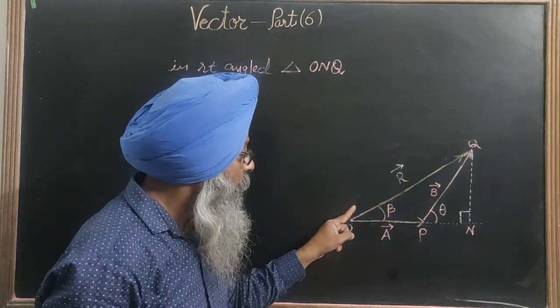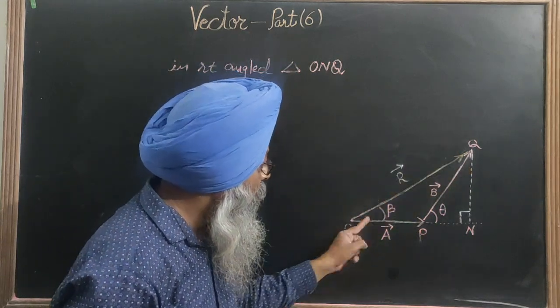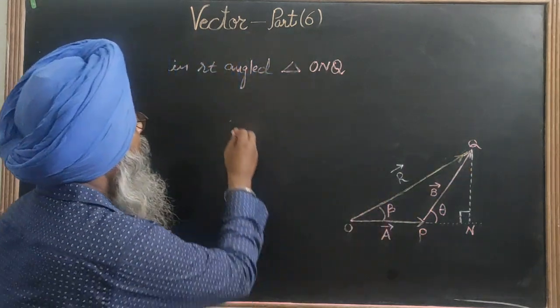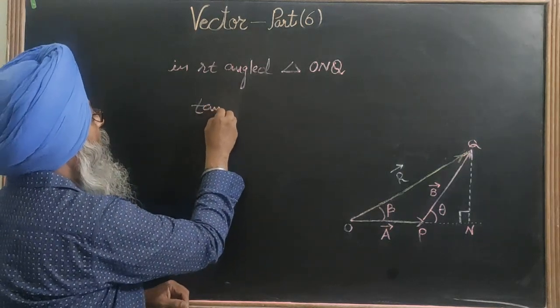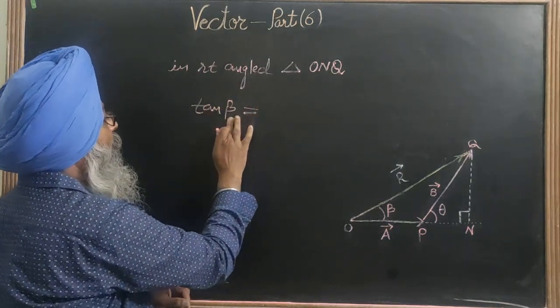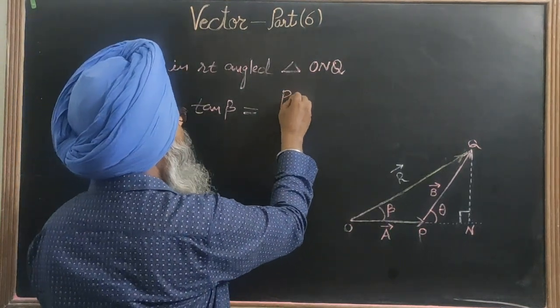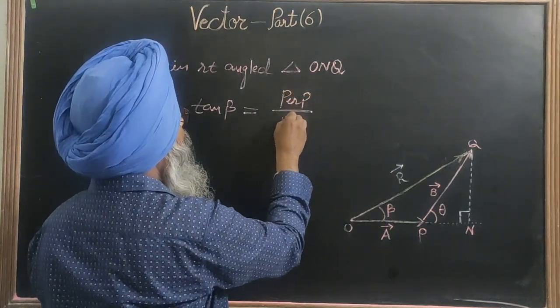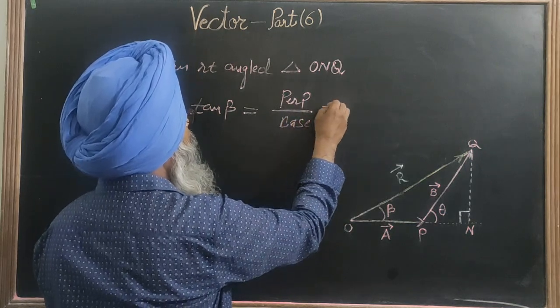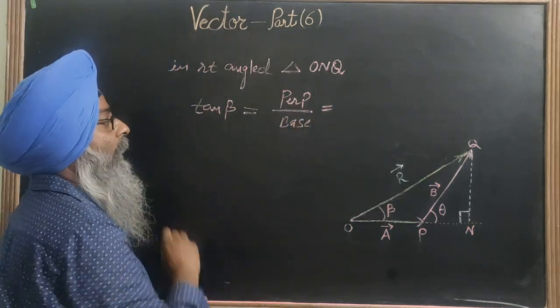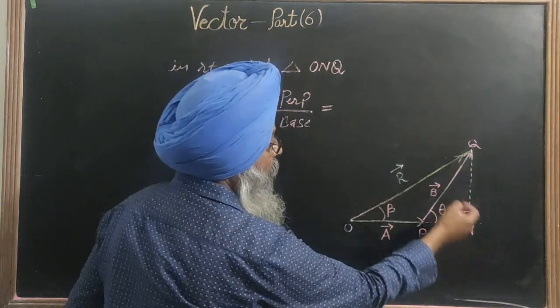Now note it, in O and Q, angle beta comes, and we are going to calculate the value of tan beta. Now what is tan beta? The tan formula is perpendicular divided by base. When the perpendicular is divided by base, we will get tan beta. Now what is the perpendicular?